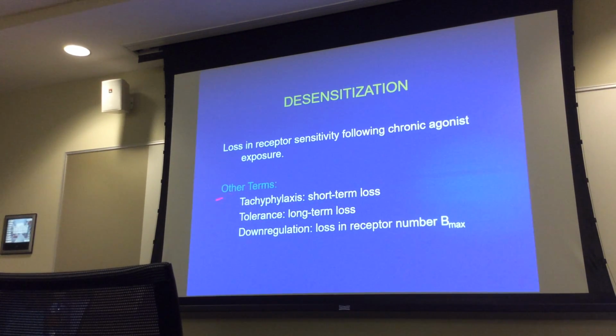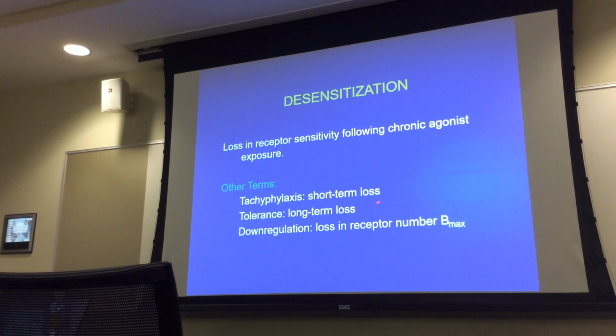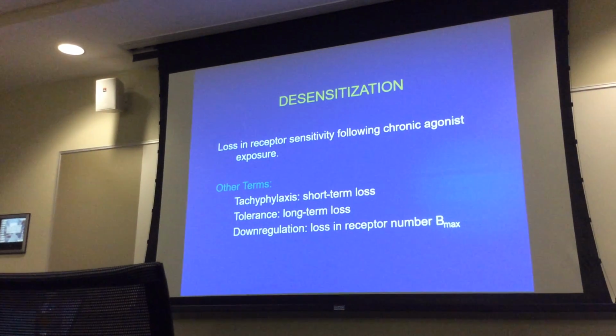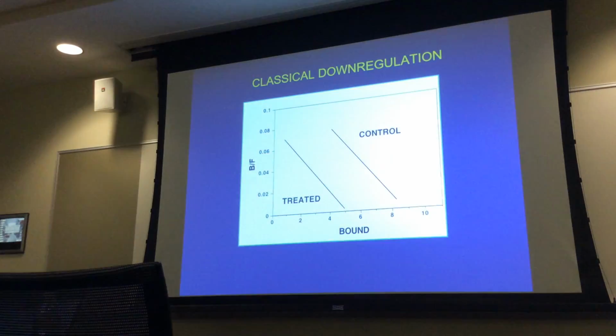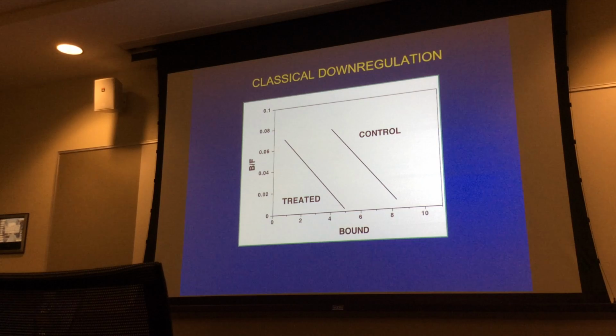Tachyphylaxis is a term that's primarily associated with the autonomic nervous system, which is a short-term loss of transmitter-mediated response. It's not really a receptor-mediated phenomenon. It's more of a transmitter-mediated phenomenon. And once again, downregulation, which I've talked about already, is a loss in the Bmax.